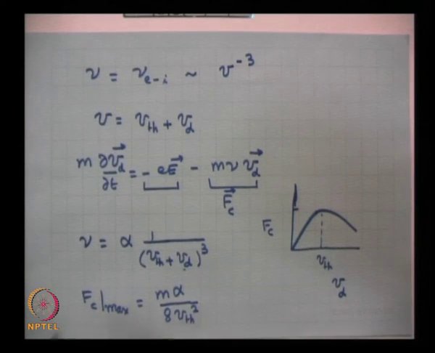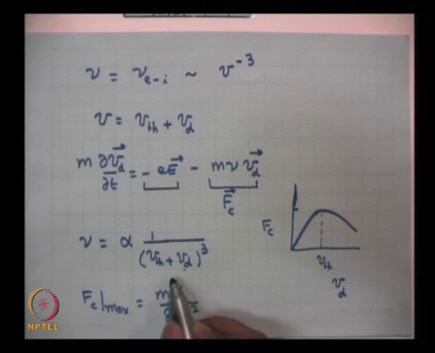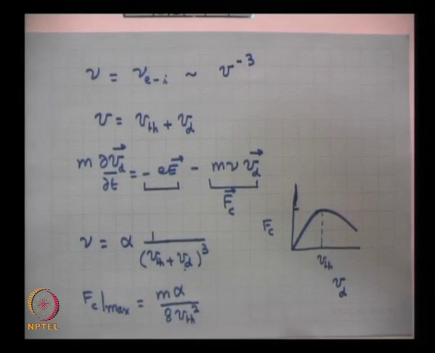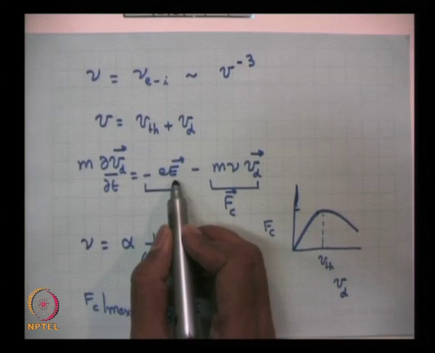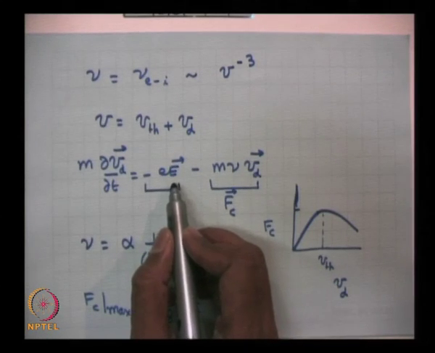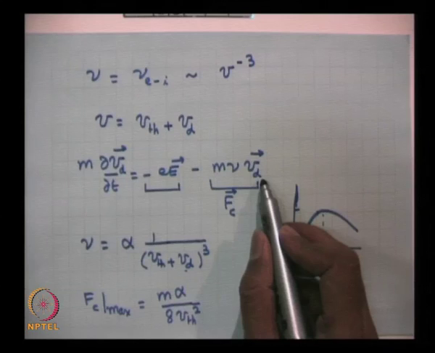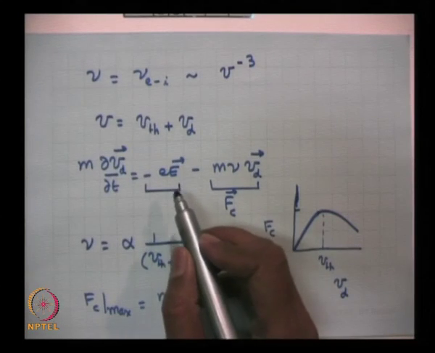The question is, if you apply an electric field bigger than this quantity, then there is no equilibrium. The electron will experience an electric force which is never balanced by the collisional drag, and the electron will be continuously accelerated.